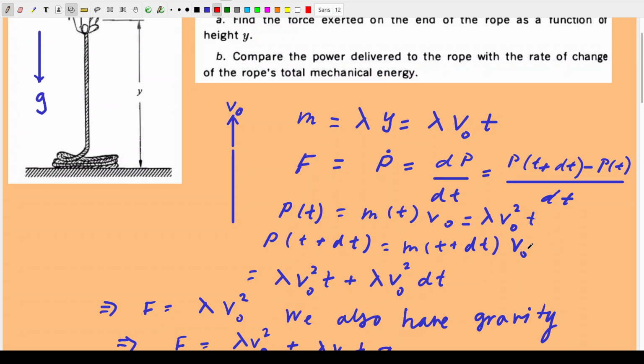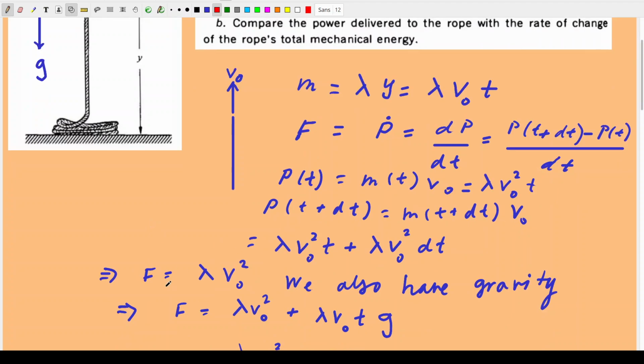Multiply with v naught, and you get lambda v naught squared t plus lambda v naught squared dt. Then we take the difference, these terms minus this term, so you're left with lambda v naught squared dt. According to the force law, we also divide by the small infinitesimal time dt. So this will be divided away, and we have just proven that the force is lambda v naught squared.